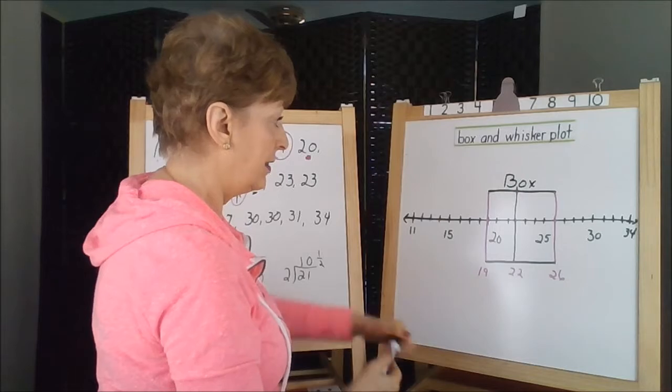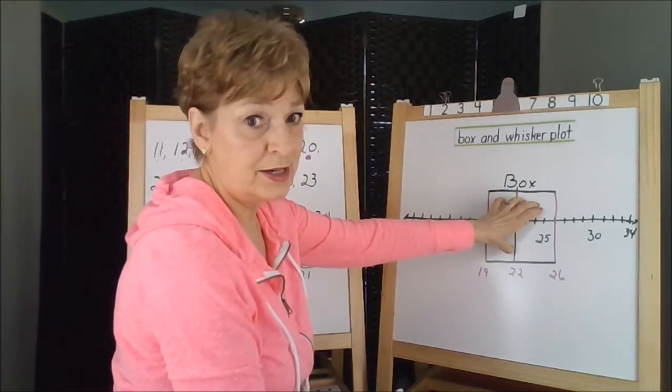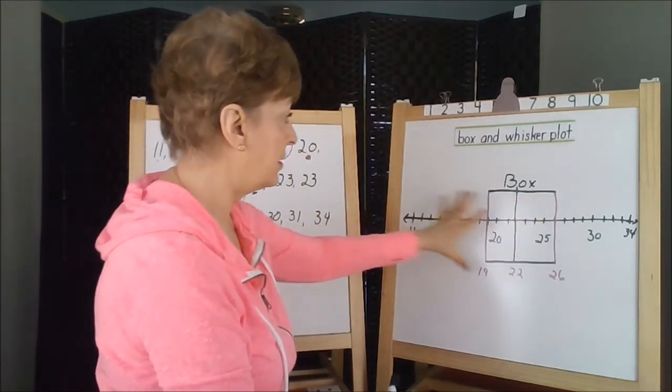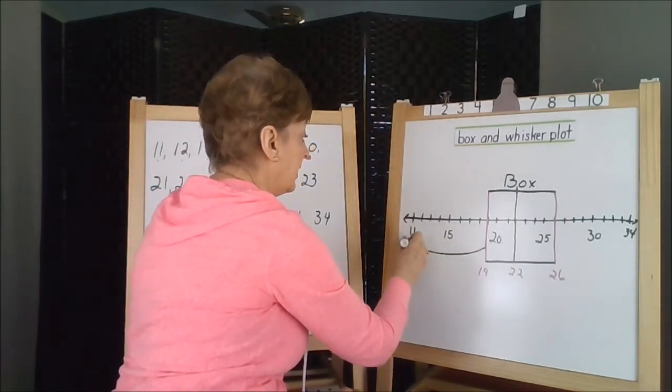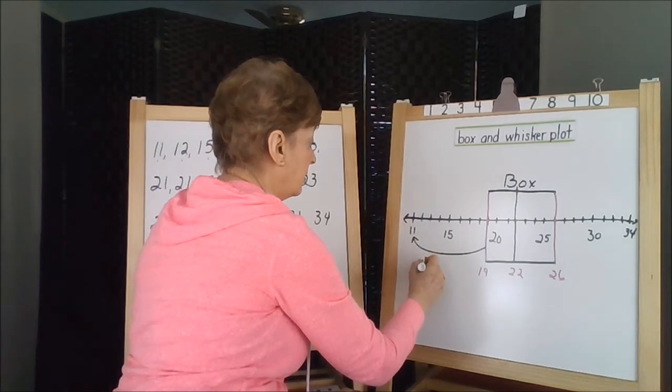It is the middle two sections of this box and whisker, because from here to the 11 is a whisker.